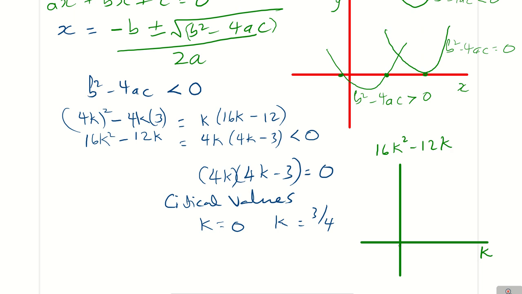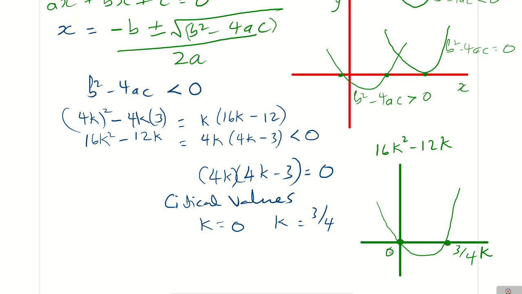So we know that it crosses the axis when it equals 0, so when k is 0 or when k is 3/4. Now it's a positive, so it's going to look something like that. That's 0, that's 3/4.